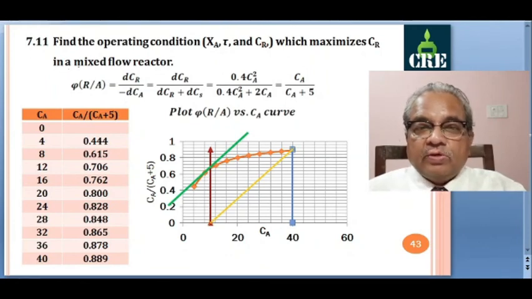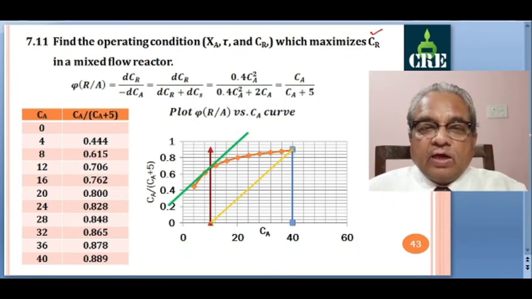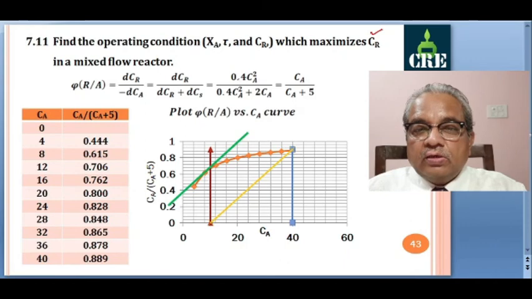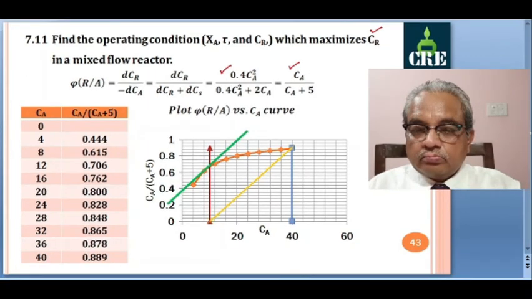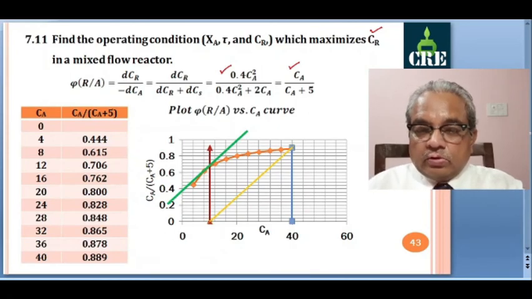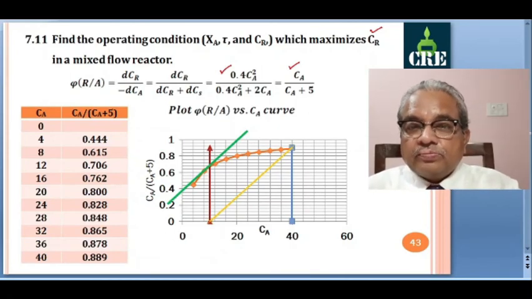This 7.11, CR is to be maximized now. So we write instantaneous yield R by A. This is again now, this first equation will be in the numerator, 0.4 CA square. So we get this finally as CA by CA plus 5.